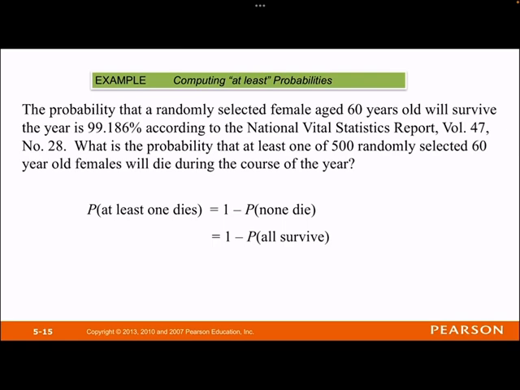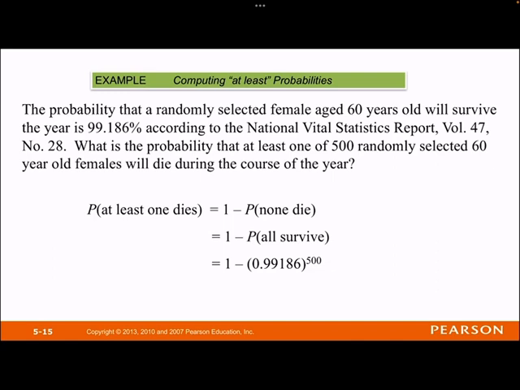And again, in the last video, we talked about any of these females surviving being an independent event, so we're just going to multiply that probability together. If we want all 500 to live, we'd multiply the probability together 500 times. We don't want to multiply that number by itself 500 times, so we can just raise that probability to the 500th power.